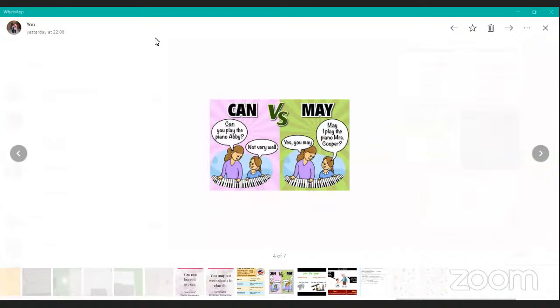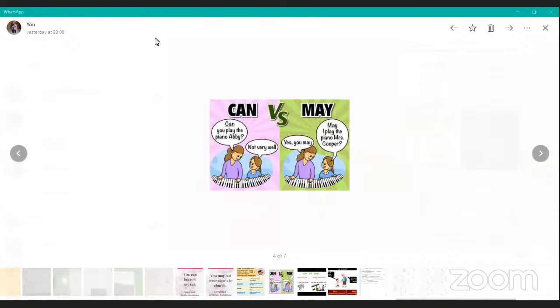Then also the modal may. Also you can use it to ask a question. අපිට පුතේ may කියන එකත් modal verb එකක්, ඒකත් පාවිච්චි කරන්න පුළුවන් ප්‍රශ්නයක් අහන්න. May I play the piano? මට piano එක play කරන්න පුළුවන්ද?